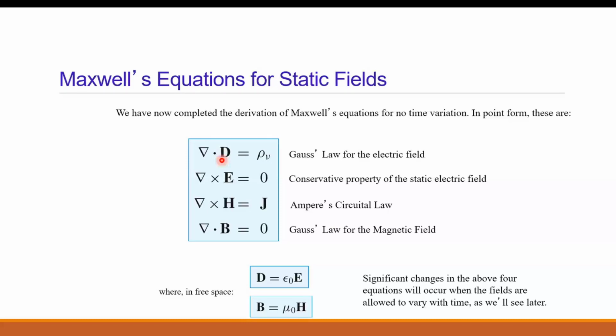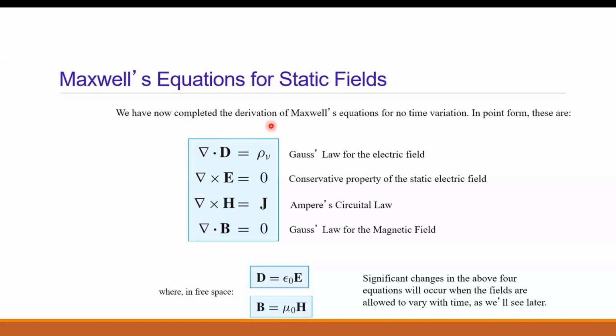Whenever you want to represent any electromagnetic wave in terms of equations, then we have to start with these 4 equations and represent these quantities in terms of time variation and space variation. Okay, so now this is the static field, but we are going to use the same equations for time varying fields. So these are the 4 major equations of Maxwell for static fields.